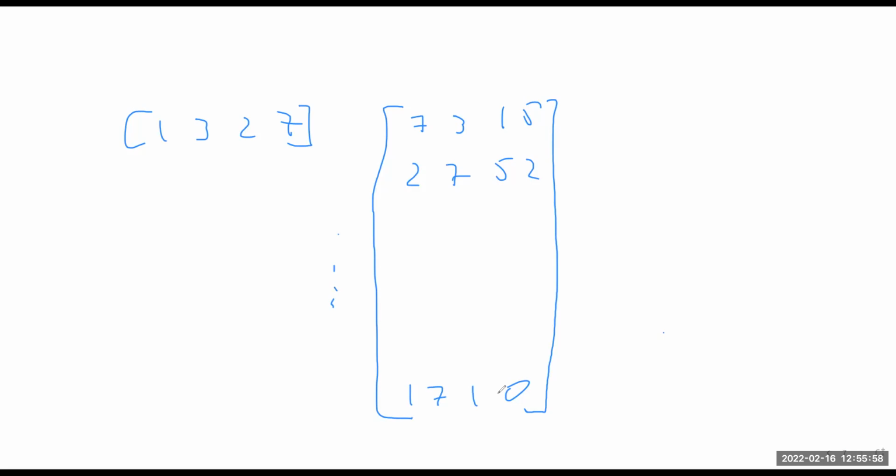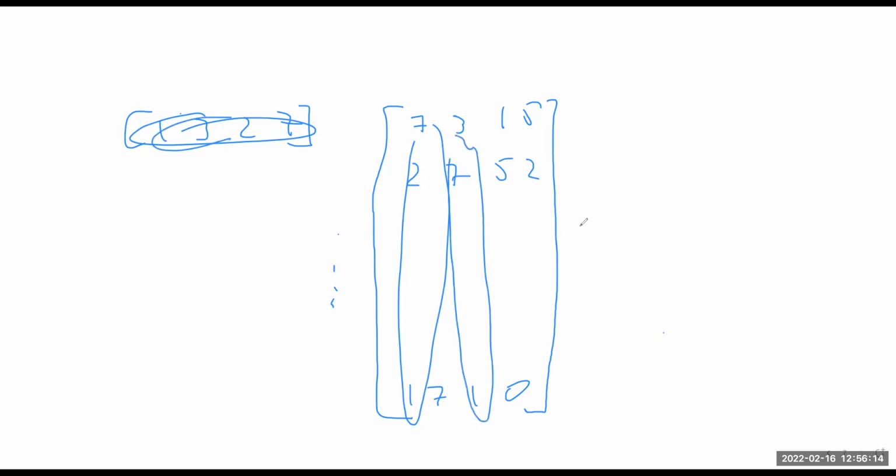And so transposing just means flipping it. This times that is what it's trying to do right now. It doesn't work because the dimensions don't align.